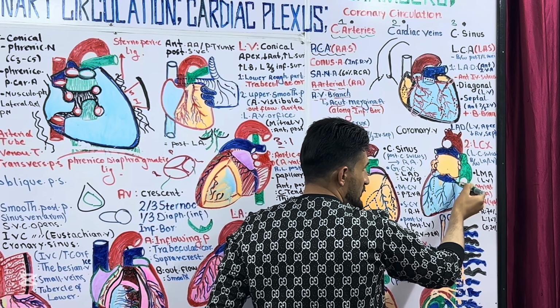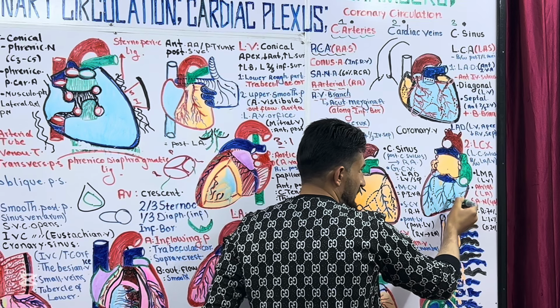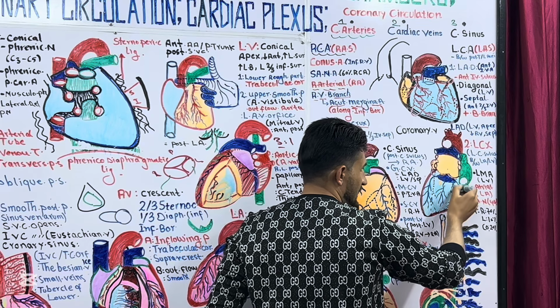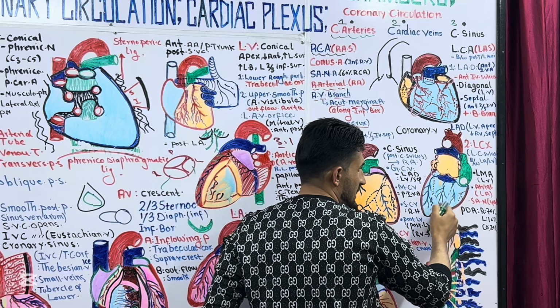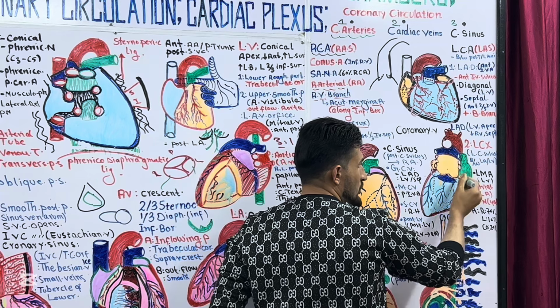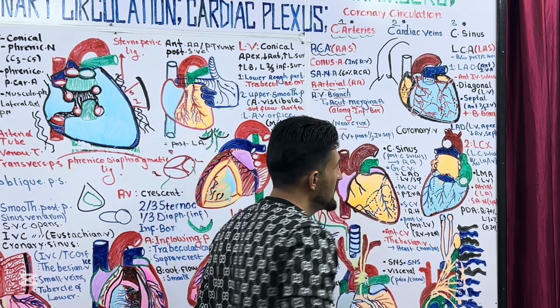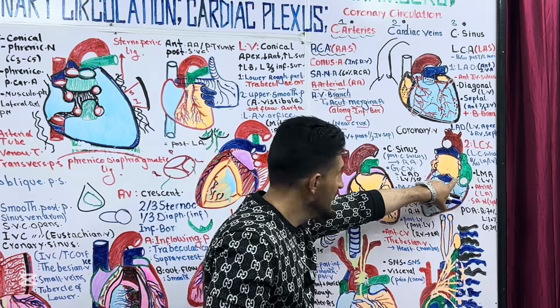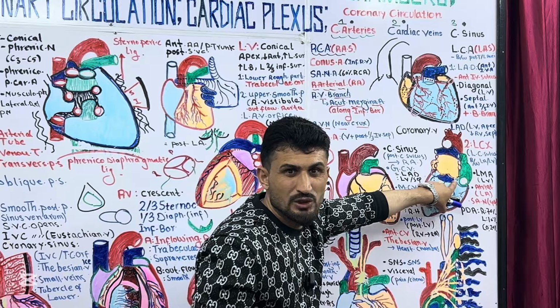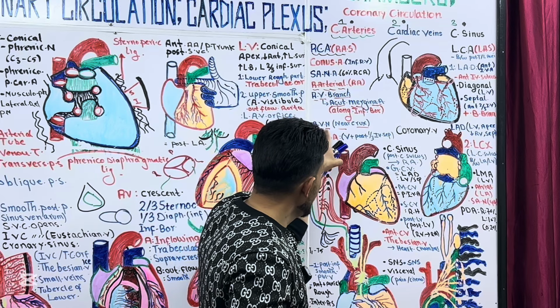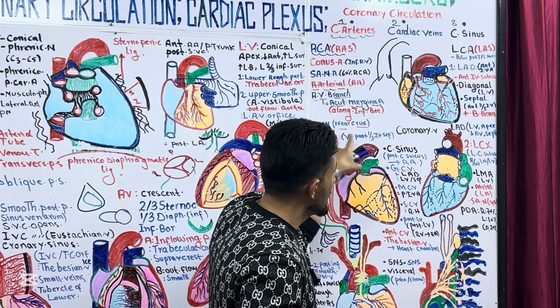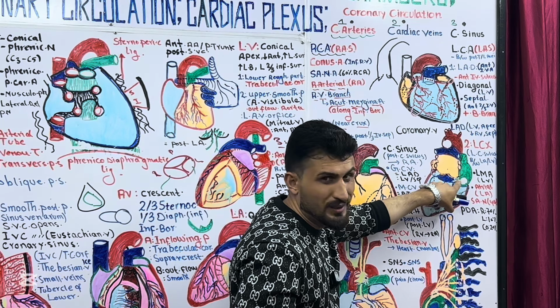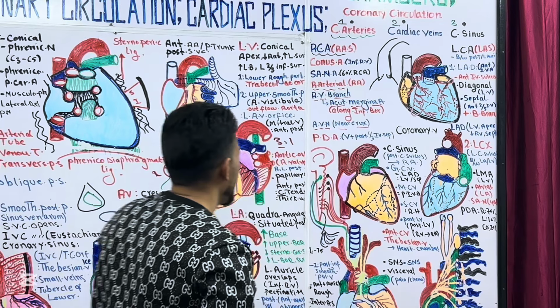And in this posterior part we have another sulcus, called the posterior interventricular sulcus. The meeting point of these three sulci is called the crux. So this branch originates from the right coronary artery in the posterior part of the heart near the crux.